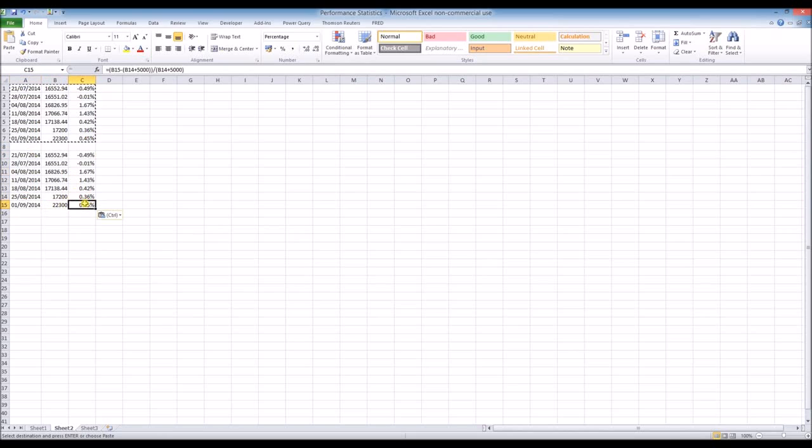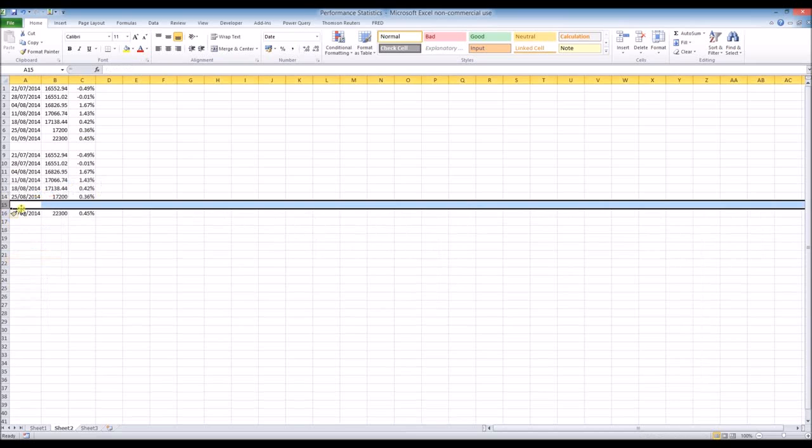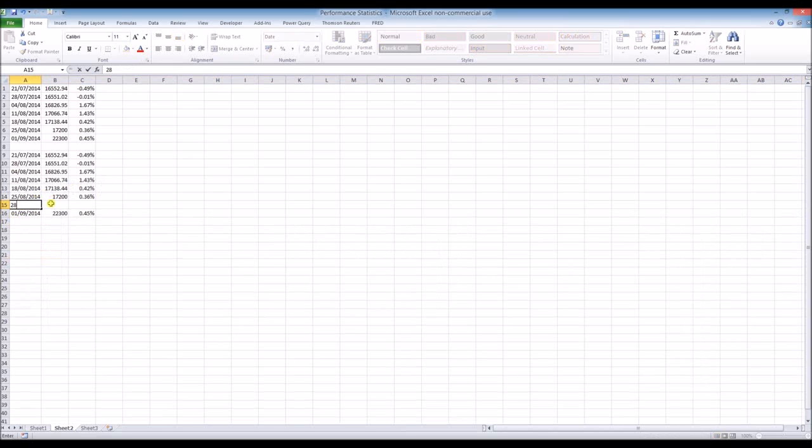So instead of the capital being input into the portfolio on the 25th of August here, we're going to say that actually midweek on the 28th is when there was a capital injection.